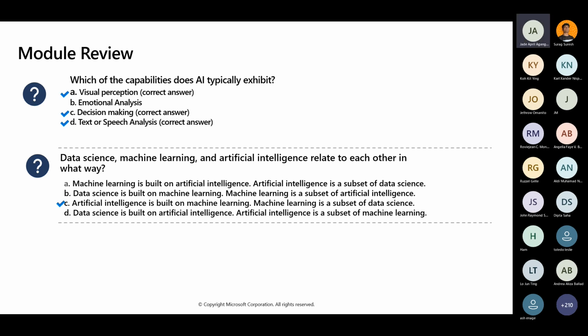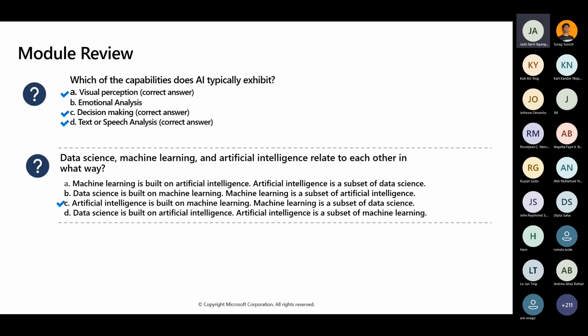Or letter C, artificial intelligence is built on machine learning, and machine learning is a subset of data science? Or letter D, data science is built on artificial intelligence, and artificial intelligence is a subset of machine learning.